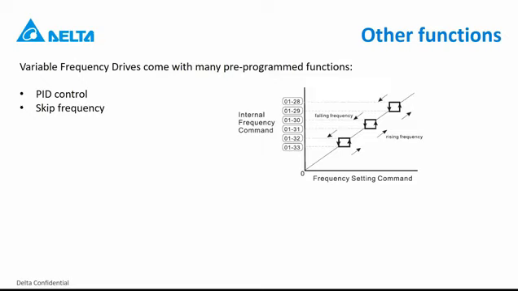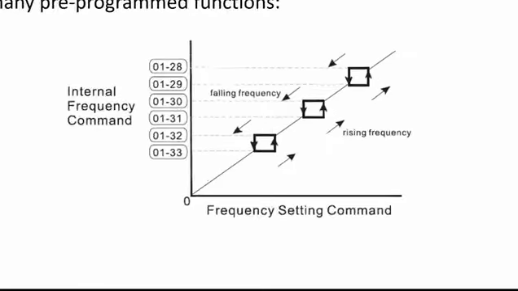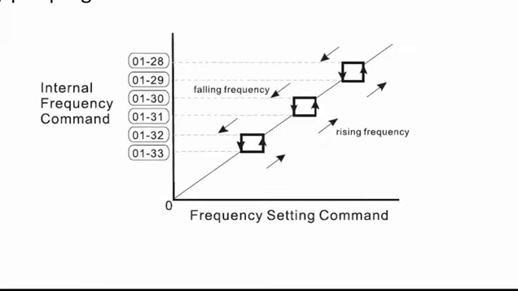Another very commonly used function is the skip frequency. In many applications, you get a sort of mechanical resonance when the motor is running continuously at a particular speed. The drive can help to prevent this situation by making sure that it never actually runs continuously at those particular speeds. So if you look here, you can set different bands which the drive will avoid.